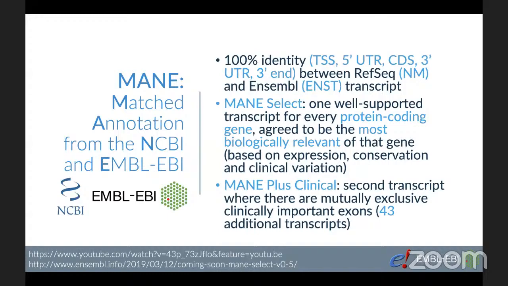And MANE transcripts are transcripts which are 100% identical between those two resources, so NCBI's RefSeq and Ensembl. And by identity, I mean it's a complete match. So they're exactly the same from the transcription start site until the transcription end site. So a complete match, 100%.